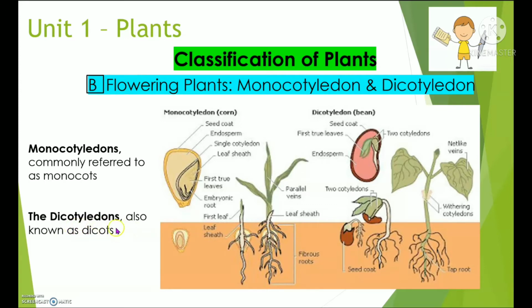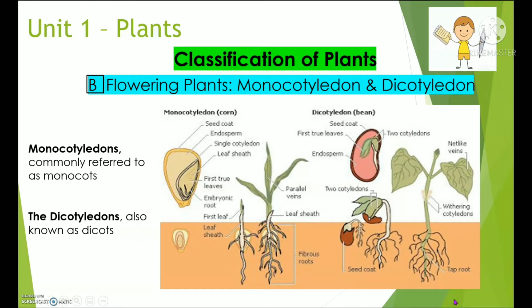So dicotyledons, also known as dicots. Everybody repeat after me. Dicots. Very good. So this is the Dicotyledon. So we're going to talk about these two classifications, or these two types of flowering plants.